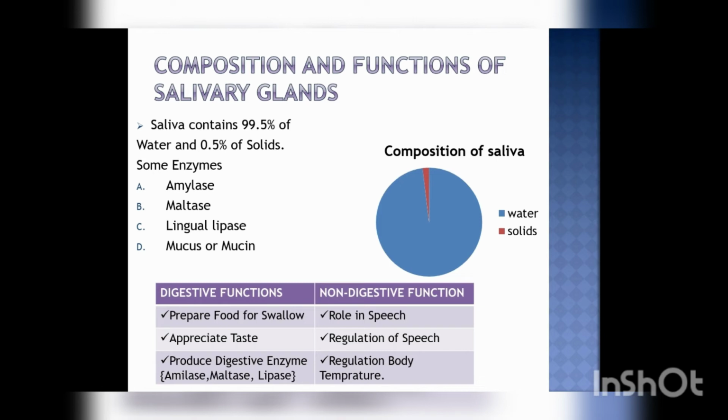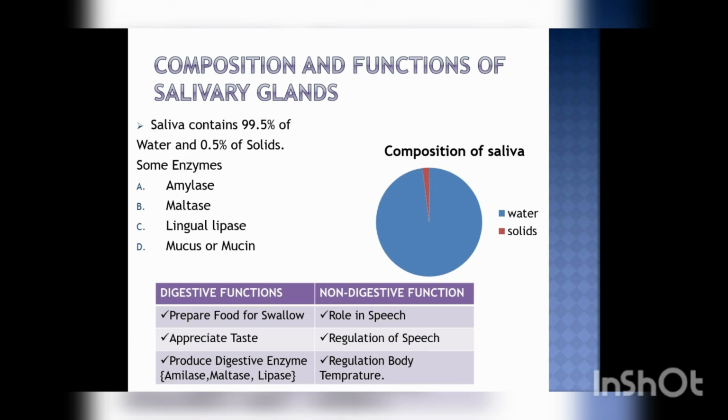Composition and functions of saliva. Saliva contains 99.5% water and only 0.5% solids. Solids include organic substances and inorganic substances. Organic substances are enzymes like amylase, maltase, lingual lipase, lysozyme and kallikrein.